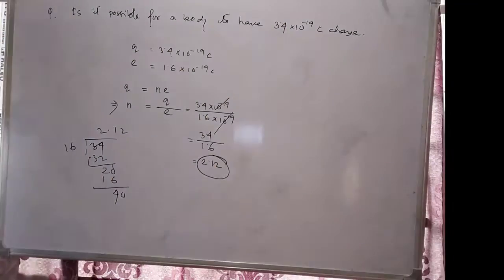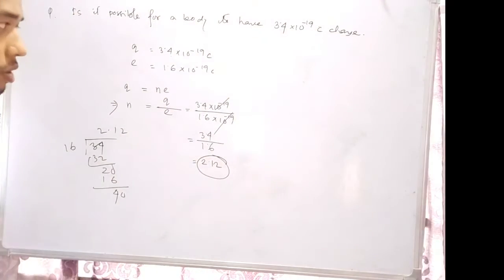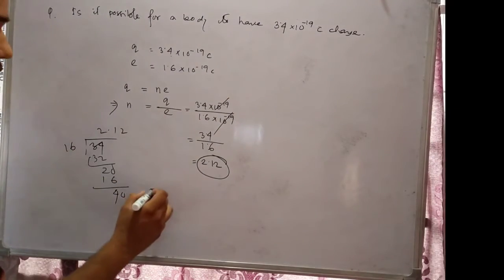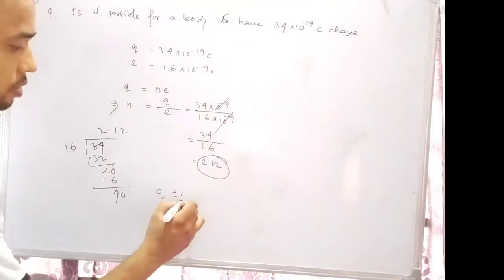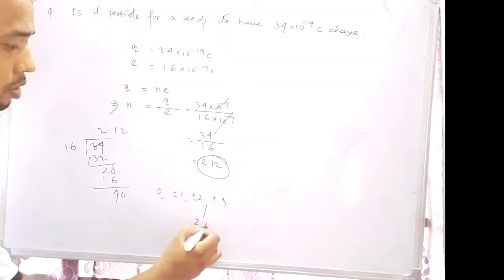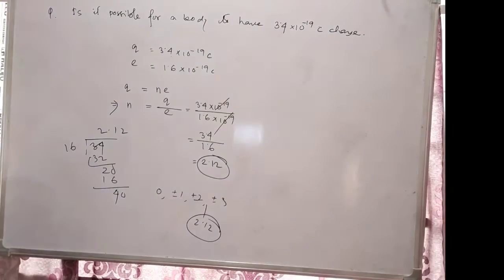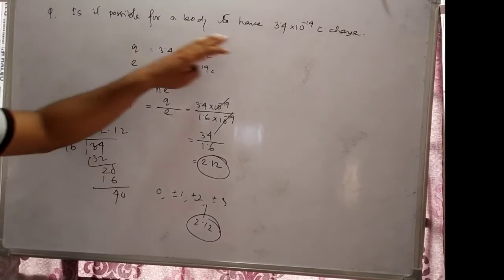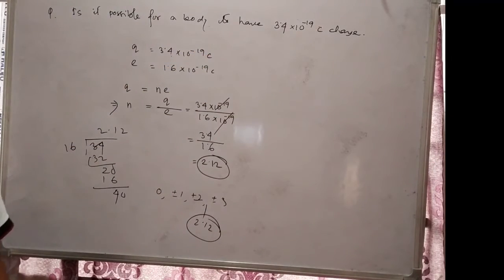So this is not an integer number. I already told you n should be in the form plus minus 1, plus minus 2, plus minus 3, but 2.125 is not possible. That's why it is not possible for a body to acquire this much charge.